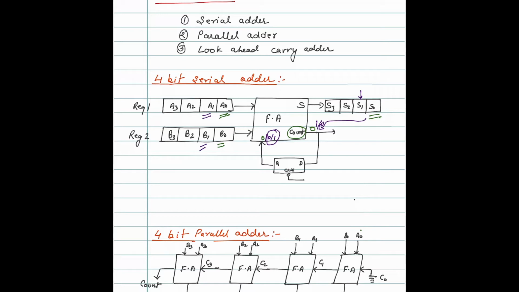The thing to understand here is that for an n-bit serial adder we need only one adder that can add the entire n-bit number. Okay, got my point? Next we will study what is a parallel adder.